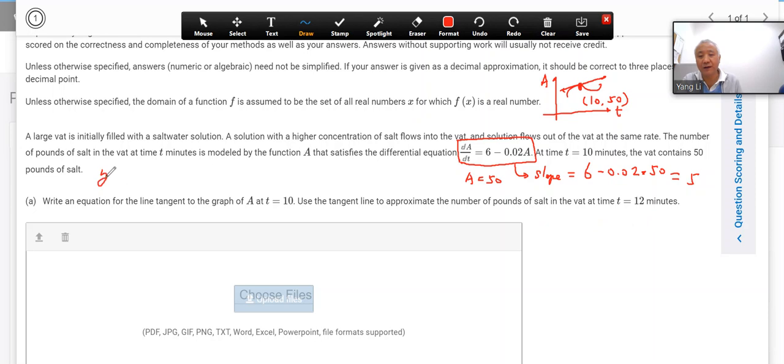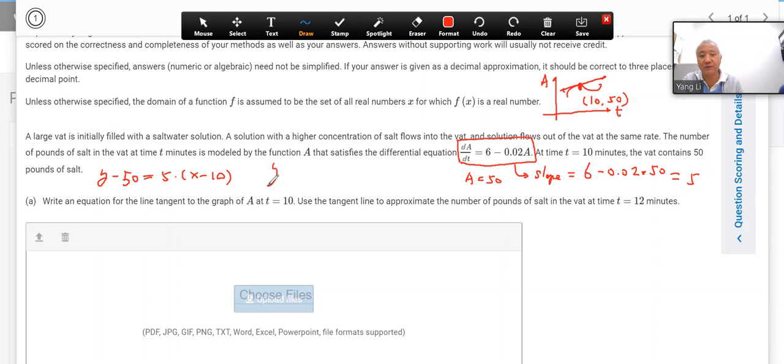We get y minus 50, point slope form, equals the slope 5 times x minus 10. You can simplify further by adding 50 on both sides.